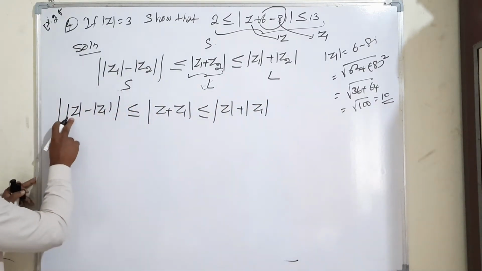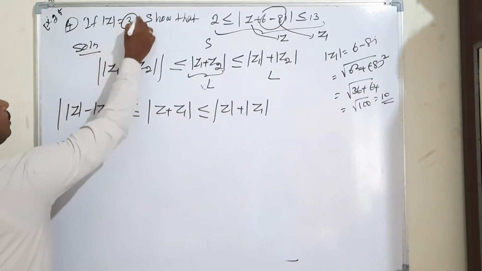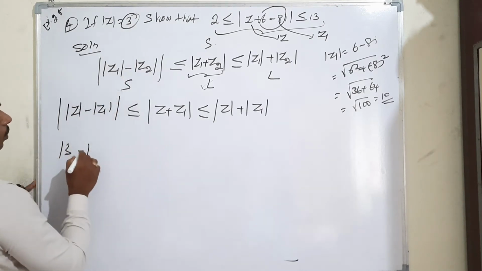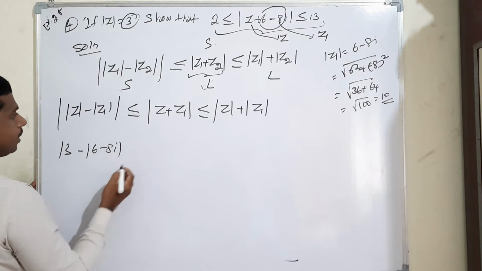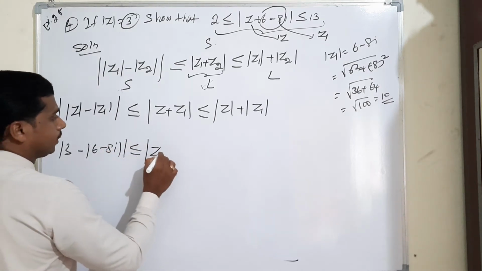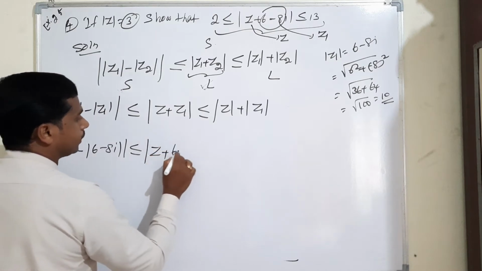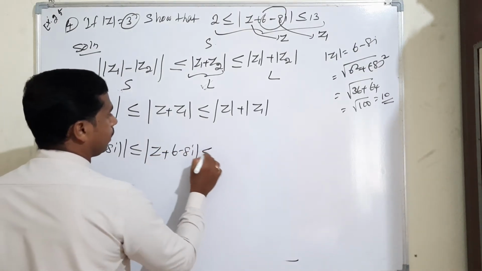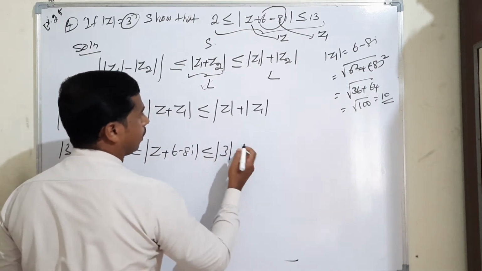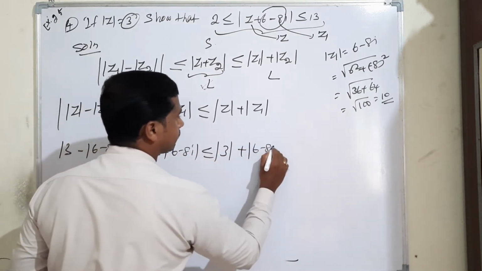So now we have to apply. Already we know modulus of z is equal to 3. Again 3 minus modulus of z1, which is 6 minus 8i, is less than modulus of z plus z1, which is less than modulus of z, value 3, plus modulus of z1, 6 minus 8i.